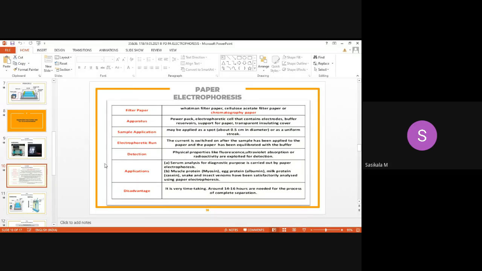So it is a time consuming process, that is the disadvantage, but it has the advantage of separating many proteins, and even the constituents present in serum can be separated according to their charge. Mainly charged molecules present in the sample can be separated.